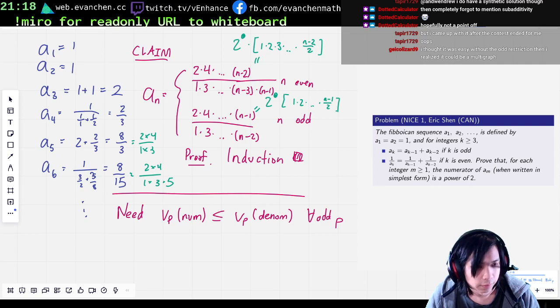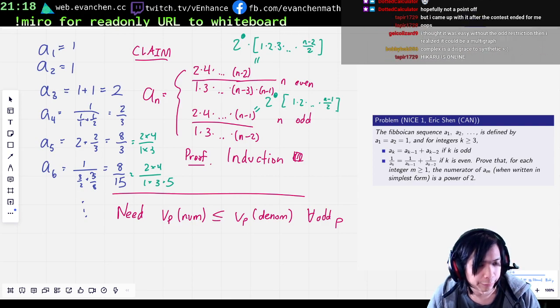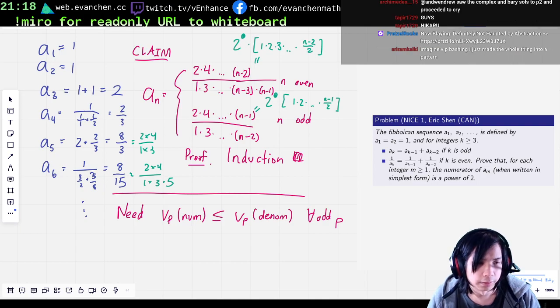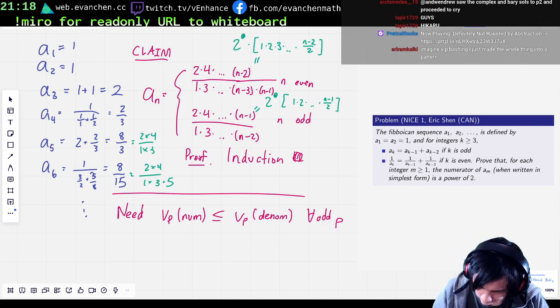And so the v_p's here, the number of multiples of any particular odd prime or prime power, will be less in the top than the bottom. So let me say that a little more carefully.